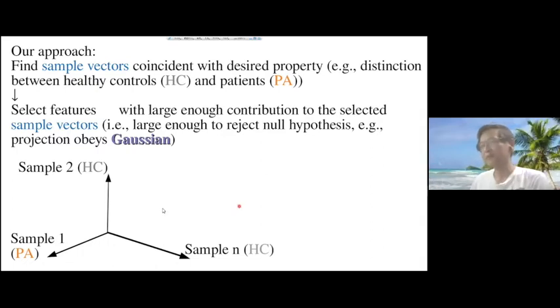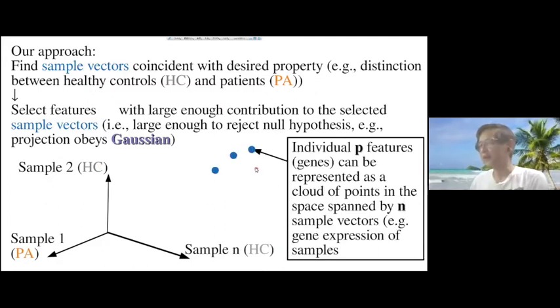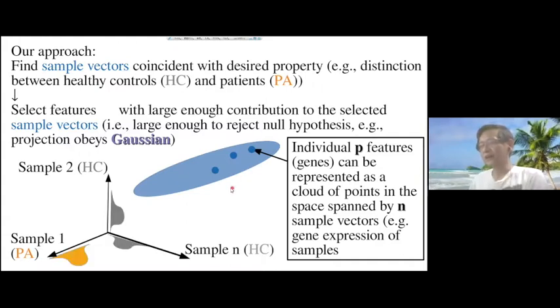This can be explained as follows. Suppose we have n samples, composed of healthy controls and patients. In this space, each individual feature, typically a gene, has n gene expression values across the n samples, so it can be regarded as an n-dimensional vector, a point in n-dimensional space. If I have p features, they compose a cloud, and if we project the gene expression of each feature onto the samples, we get this kind of distribution.